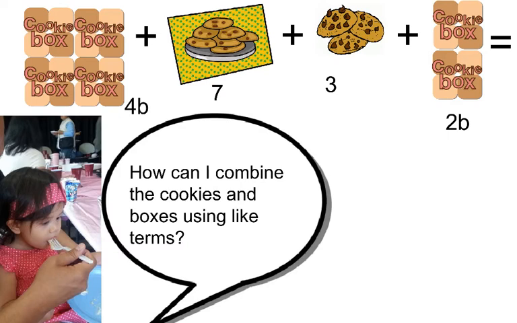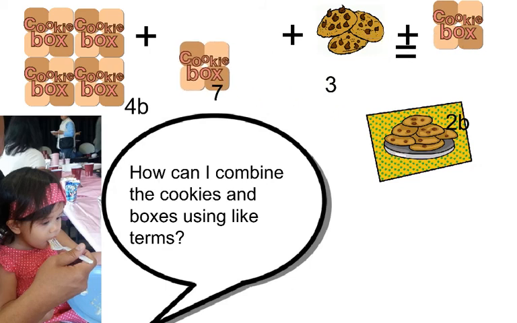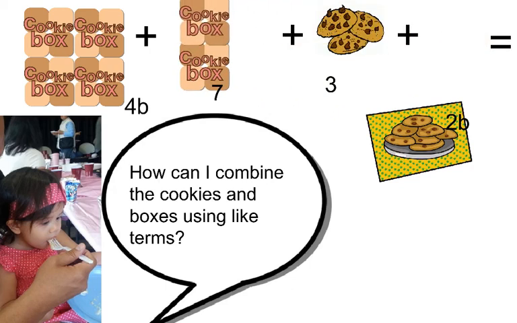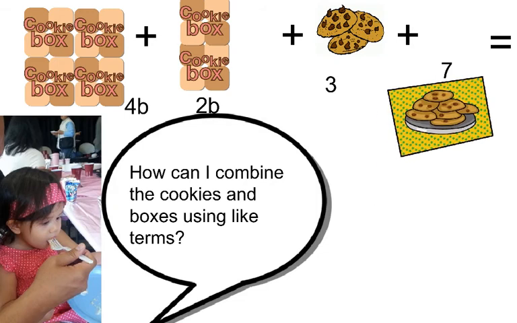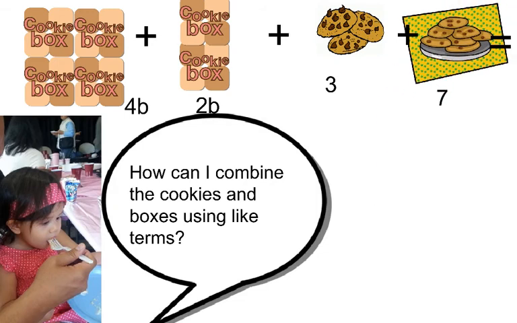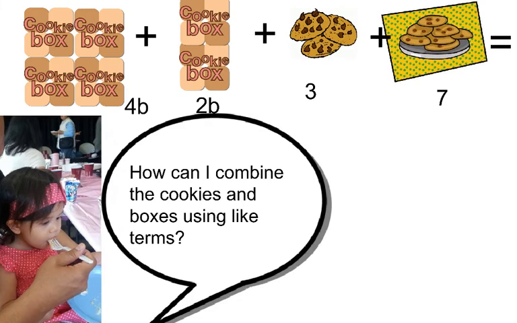Now, we can combine the like terms, but we cannot combine the terms that are not like terms. The commutative property says that when I have all addition, then I can change the order. So if I change this to 4 boxes plus 2 boxes plus 3 cookies plus 7 cookies, I can combine the like terms a little bit more easily.